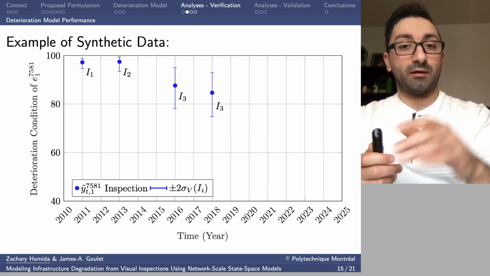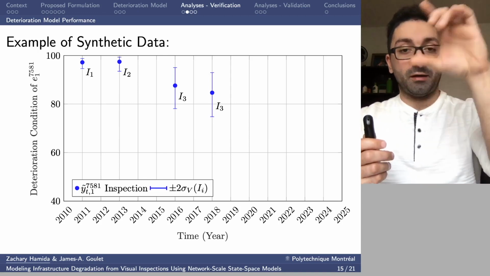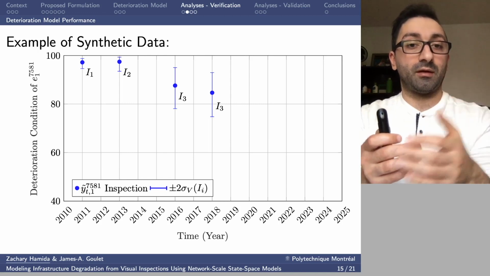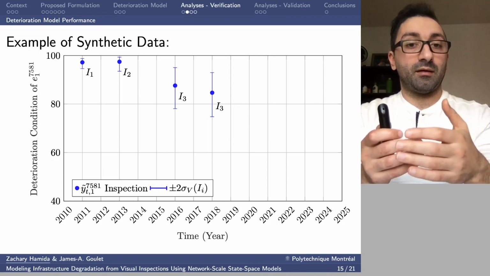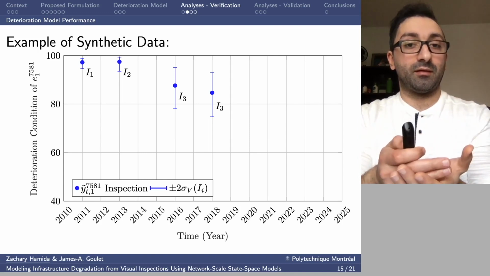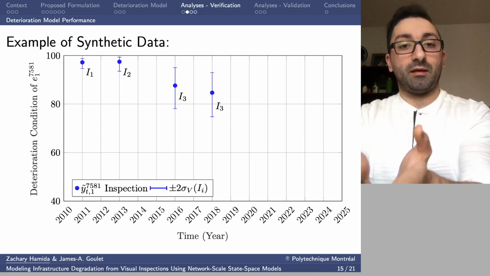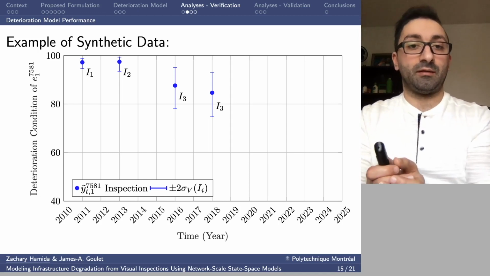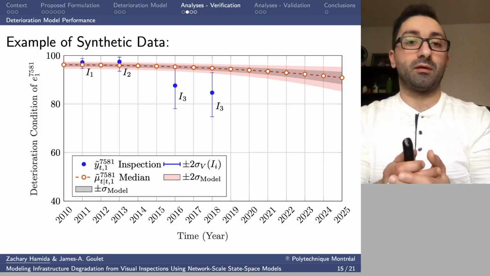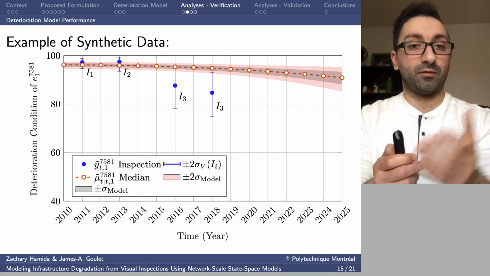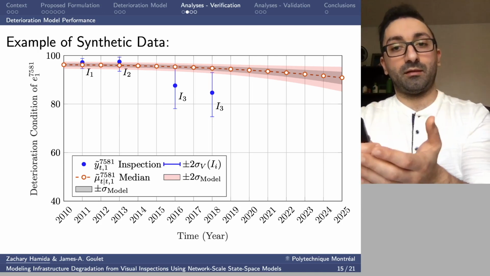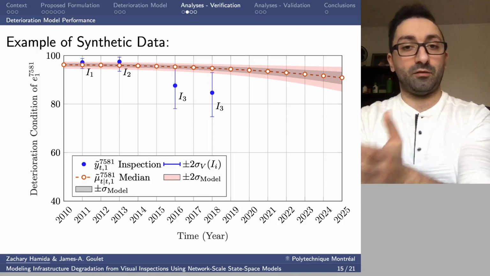We have the inspector uncertainty represented by the blue vertical line. And as you would see, the inspectors on the left have better accuracy, or less uncertainty around their observation, compared to the inspector on the right. So that's why our deterioration model gravitates toward the inspectors on the left, as you would see here, where the red dashed line represents the deterioration condition at each year.